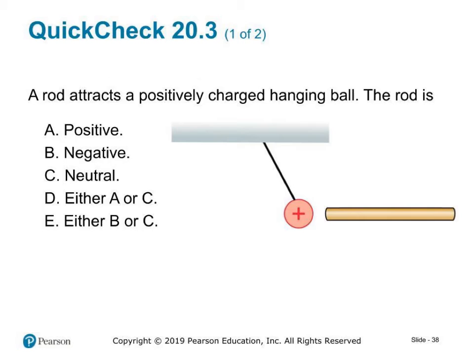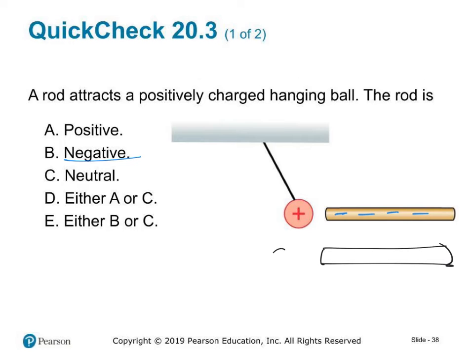So the obvious answer here is that the rod is negative because positives and negatives attract. And that is true. Negative is correct, or negative is part of the answer. However, we just saw that a neutral object can be polarized to be attracted by a charged object.